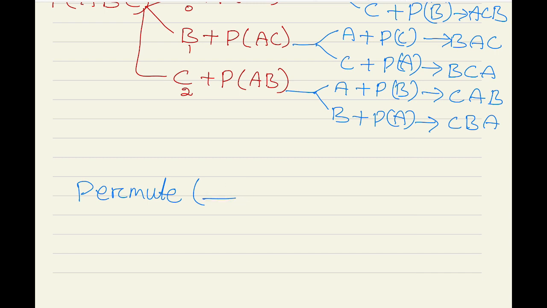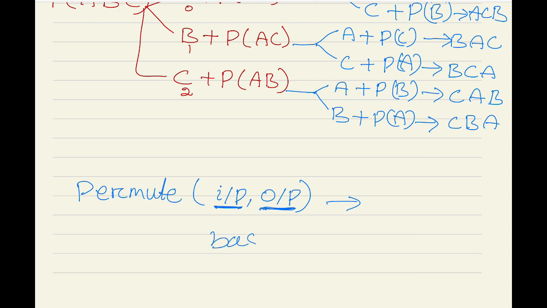So when the input is empty, we need to keep track of the output also, because each time we need to print the output. So permute is going to take two parameters, one is input, another one is output. If the input length is 0, it is going to print the output. So this is the base case.